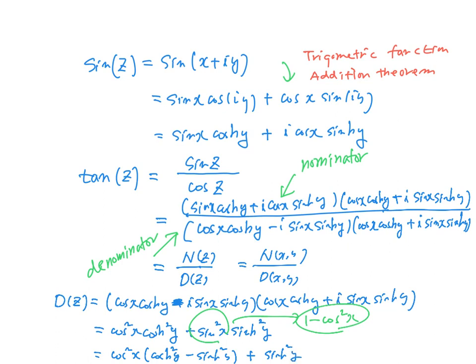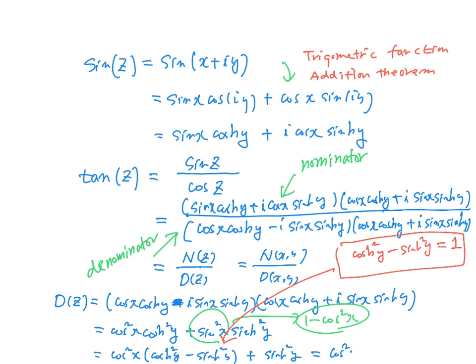And we know this relationship: cosine hyperbolic square y minus sine hyperbolic square y is equal to? You don't remember that? 1. Very good. You have to know this relation. So if we put this here, then the denominator is simply cosine square x plus sine hyperbolic square y.